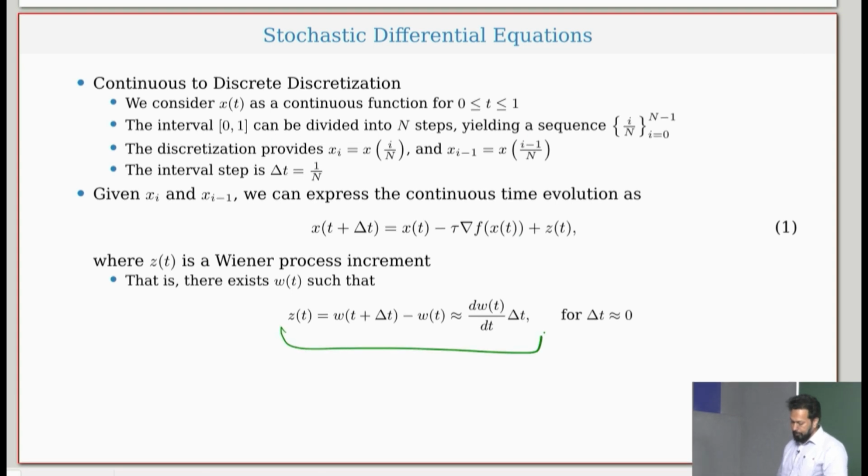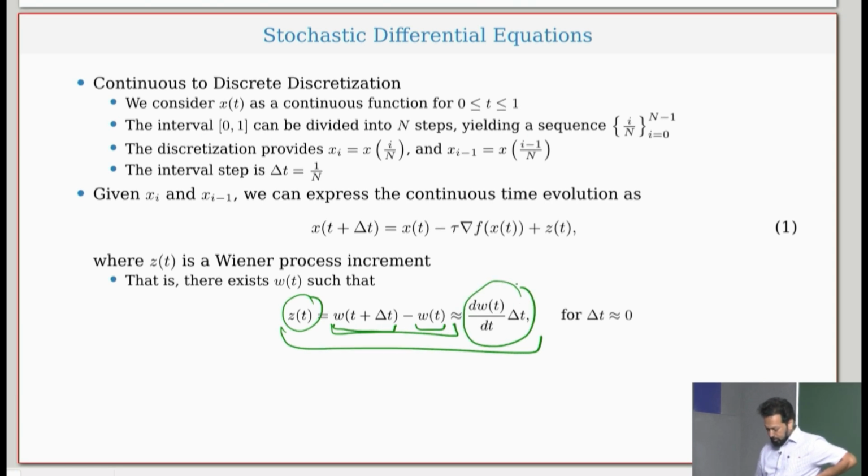Zt is the difference of W t plus delta and Wt. W itself is not a Gaussian noise, but Z is a Gaussian noise. Zt is defined as a difference of these W. So this is the way to formulate the stochastic case.